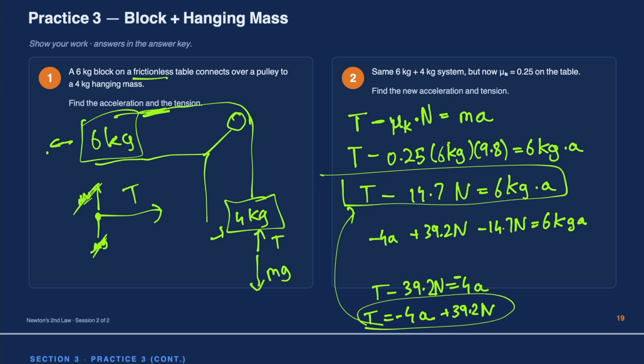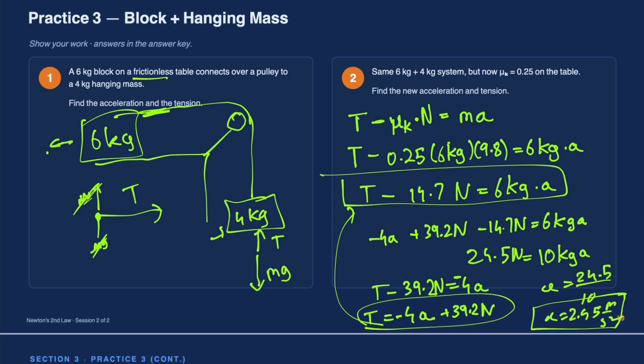And then if I add 4A to 6A, I should get 10A, equal to 39.2 minus 14.7, which is 24.5 newtons. And A should be 24.5 divided by 10, or 2.45 meters per second squared.